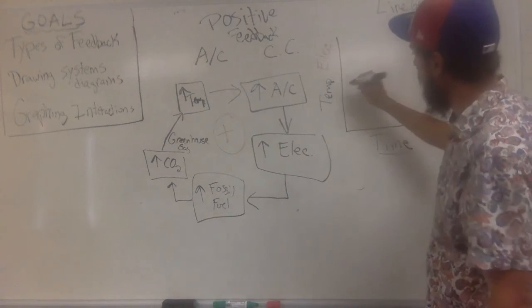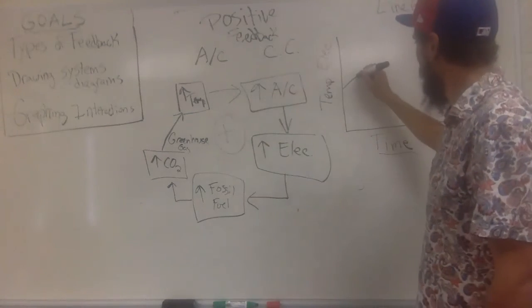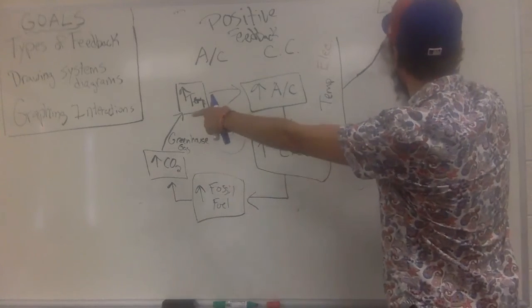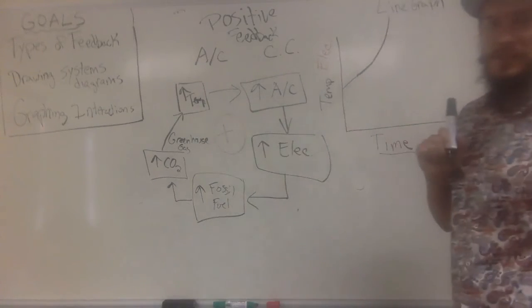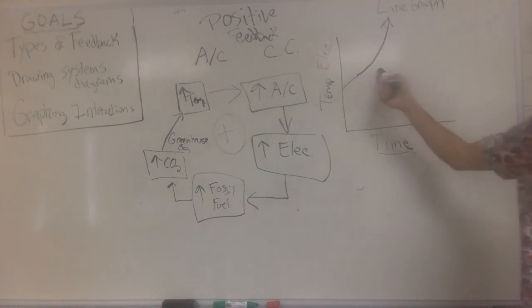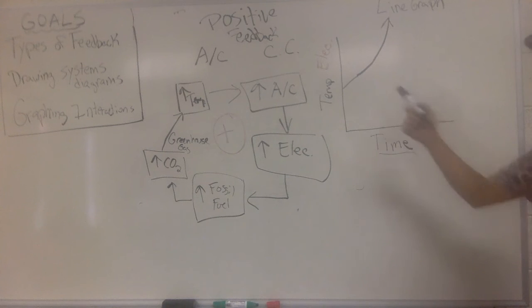It's getting a little bit warmer. We start to use our ACs, we burn fuels. And then the temperature keeps going up, and then we use more AC and we burn more fossil fuels and release more greenhouse gases. And you can see very quickly that this does not change directions. This just continues on as an exponential curve, right? Keeps going in the same direction forever.